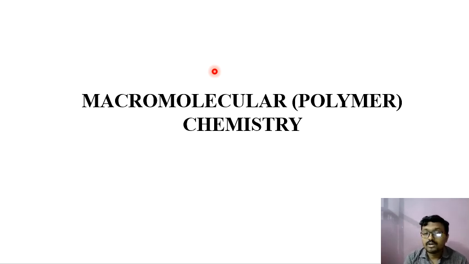I will also talk about the mechanism of polymerization reaction: free radical mechanism, ionic mechanism, coordination mechanism. Then I will talk about some examples of condensation polymer, examples of addition polymer, and also examples of rubber, synthetic rubber, natural rubber. Okay, all these things we will discuss in this lecture.